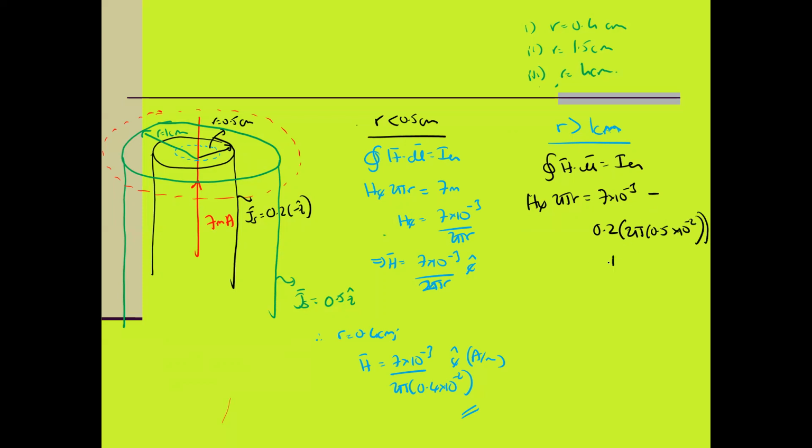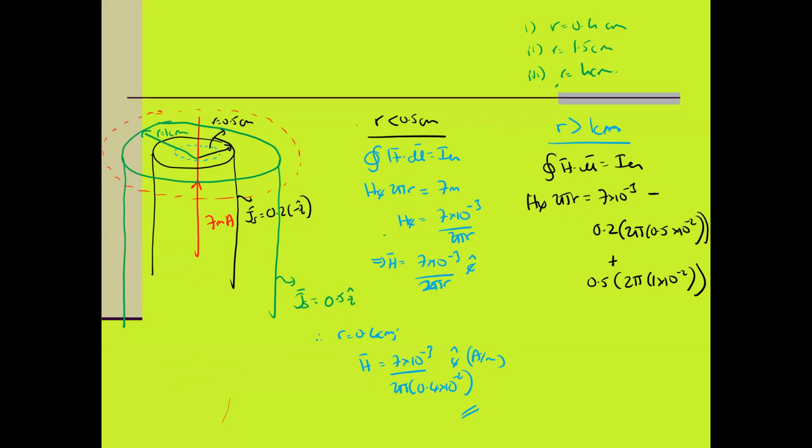We then need to add the current located at 1 cm radius, which will be 0.5 multiplied by the parameters, which is 2 pi times 1 cm. So that should be the enclosed current.